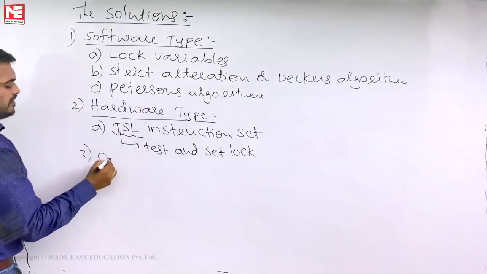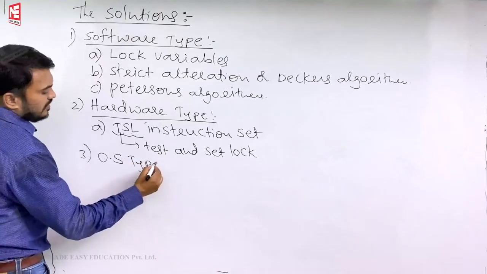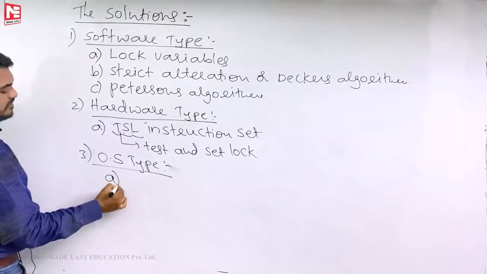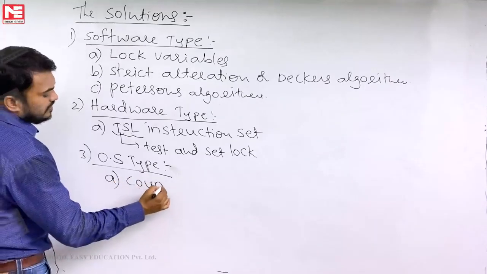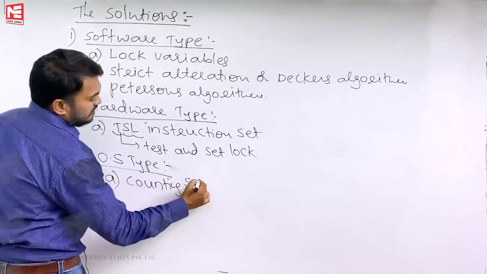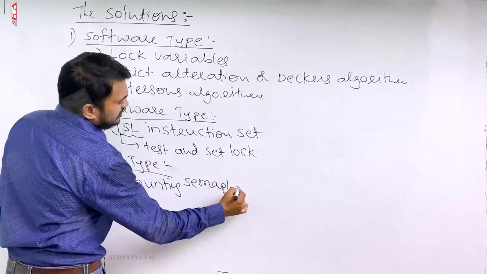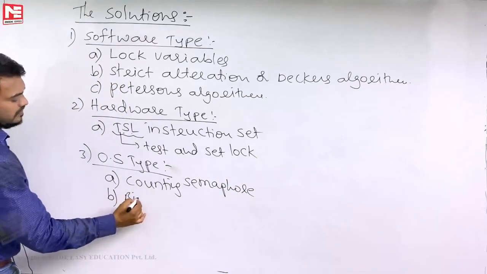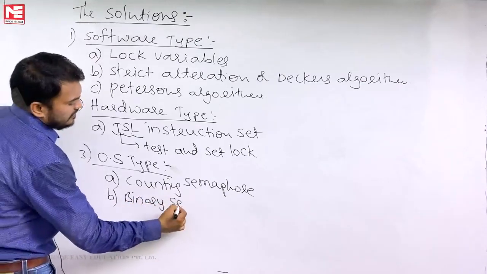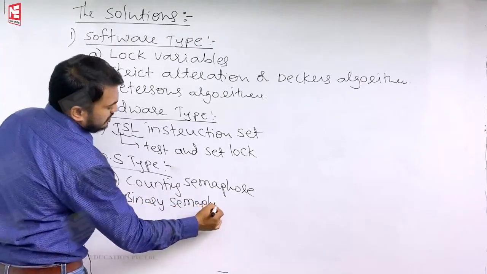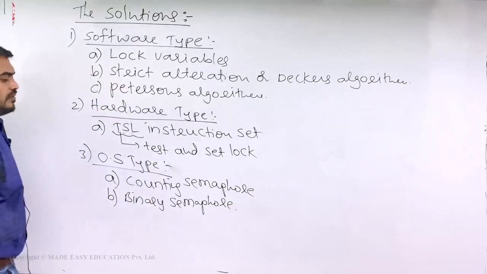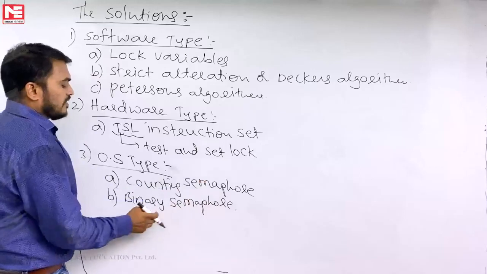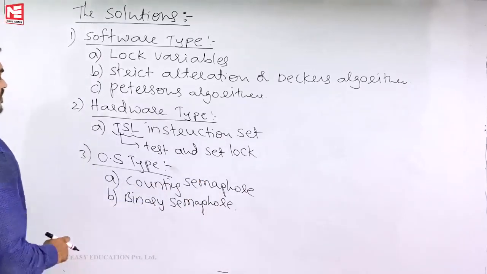And the third, we will study operating system type of solution, that is counting semaphore and next is binary semaphore. In the operating system type of solution, we'll discuss two things: counting semaphore and binary semaphore.